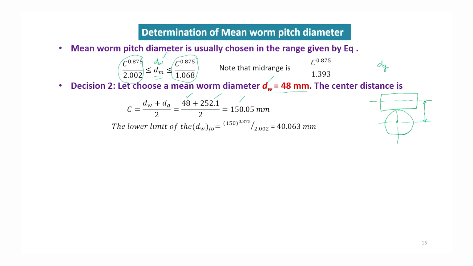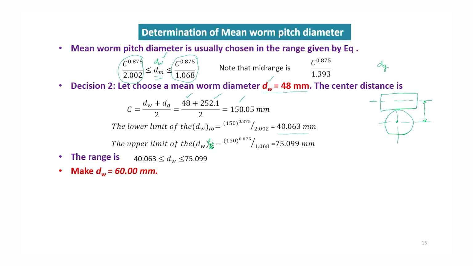The lower value of dw, this 150 is substituted here, and so we obtained 40.063 mm, and the higher value is 75.099, and we had selected dw equal to 48, and it is very close to the lower value, and so the range is this one.